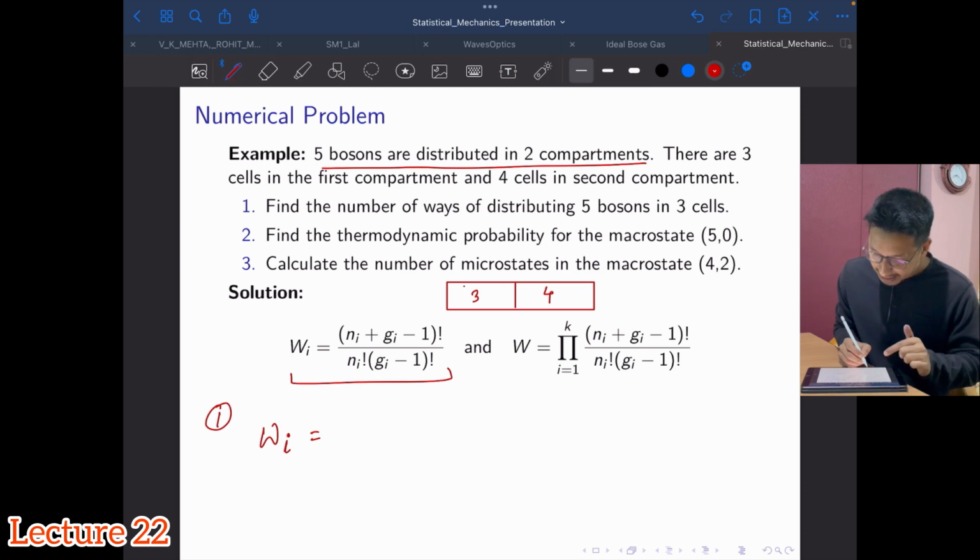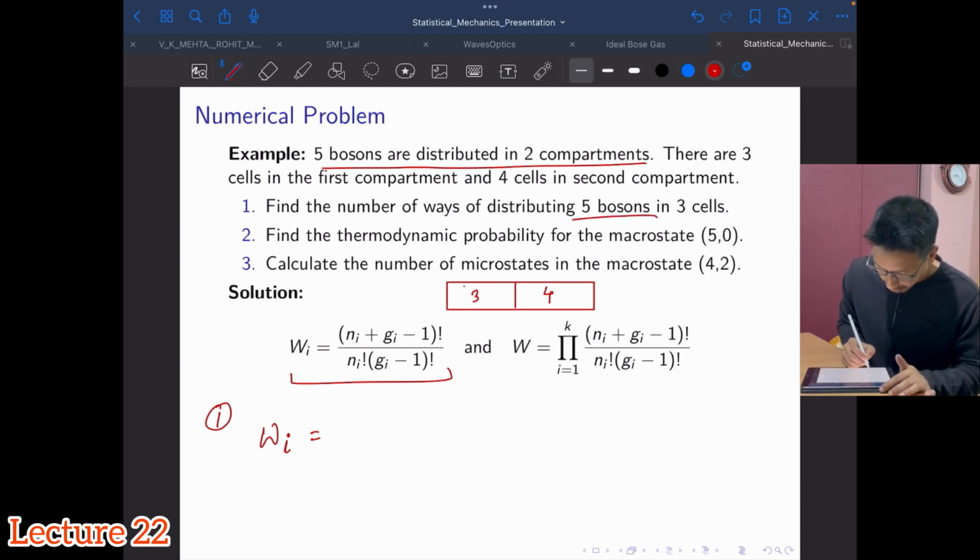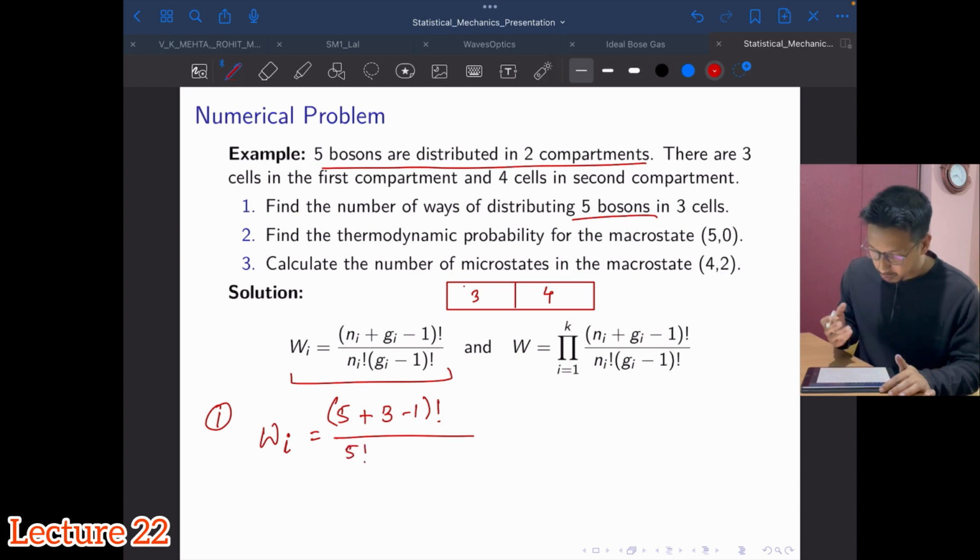Ni is 5 here because we have to deal with 5 bosons. So 5 plus Gi, 3 cells, then minus 1, so this many factorial, divided by Ni, which is 5 factorial, and Gi minus 1, that is 2 factorial, right?